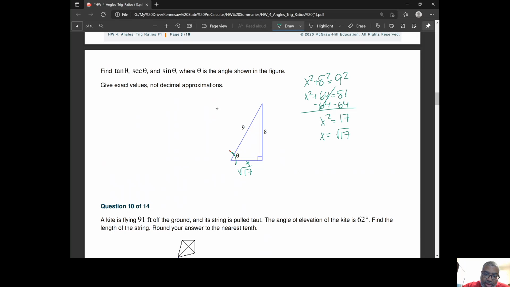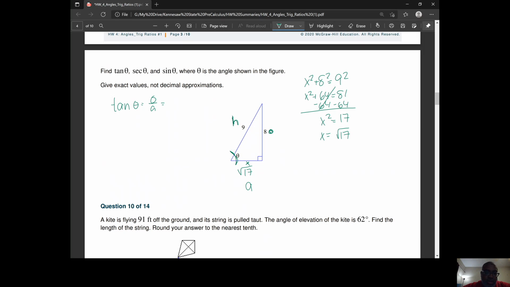And we're dealing with this angle here. So now we go ahead and find our values. Tangent of theta is equal to opposite over adjacent. If this is the angle, this is opposite, this is hypotenuse, this is adjacent. Now, do you need to write this every time? No, you do not. But if you need to write the A, the O, and the H to identify your sides, write it.